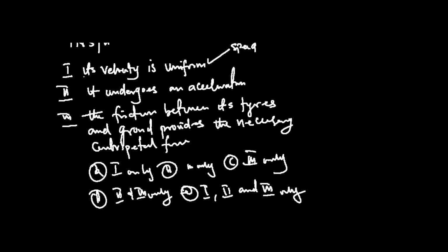So when they say velocity is constant, they are referring to that velocity as a speed. They are not supposed to call it velocity. So velocity varies, though the magnitude is constant. So Roman figure 1 is not correct. Roman figure 2, it undergoes an acceleration, is true, towards the center. And Roman figure 3 is also correct. So the correct answer is supposed to be D, that's Roman figure 2 and 3.